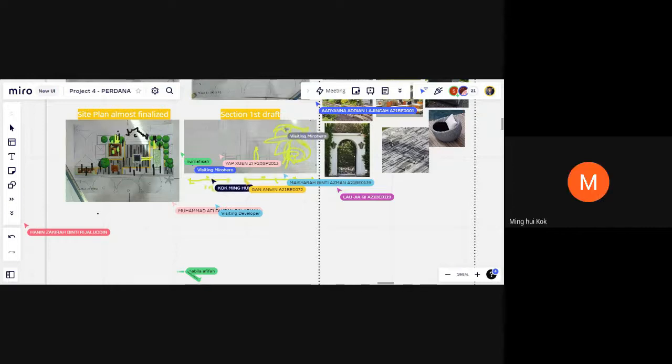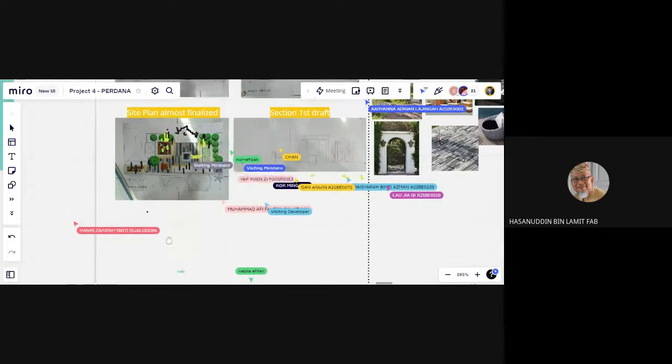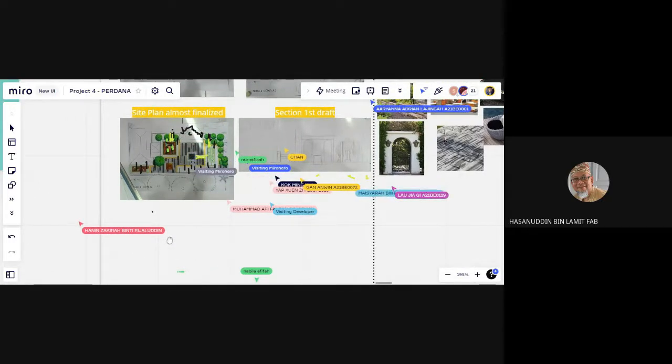So because I use 1 to 50, the length in my section, I should show it more, right? Double it. When I say double it, I don't mean double the distance, but double the scale. Let's say this square here is 3 meters.